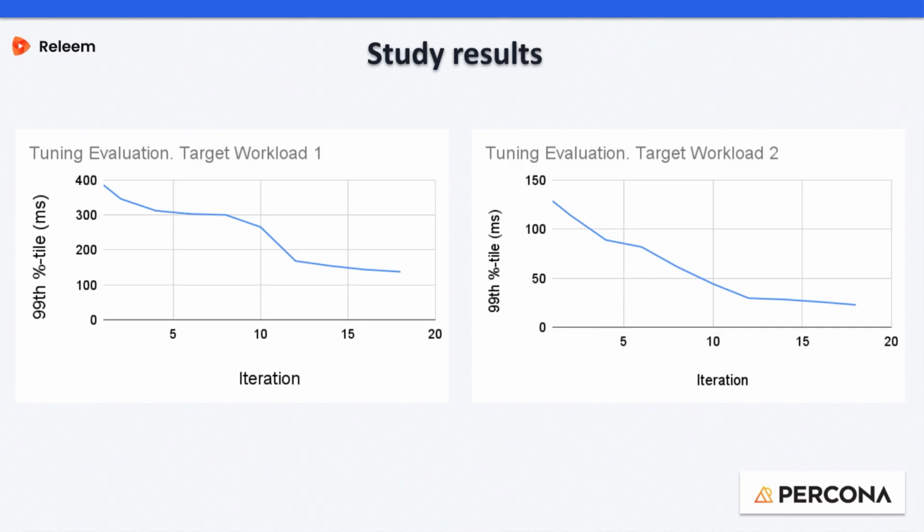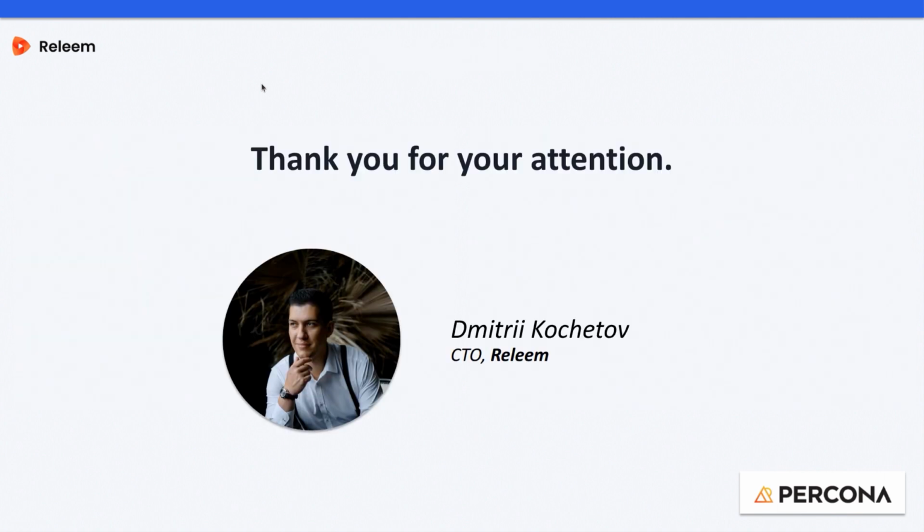It enables the reuse of parameter settings and reduces repeated searches for near-optimal configurations. As shown, the system finds the most efficient configuration within 20 iterations, quickly achieving a significant performance improvement of 54% lower latency. Thank you for your attention.